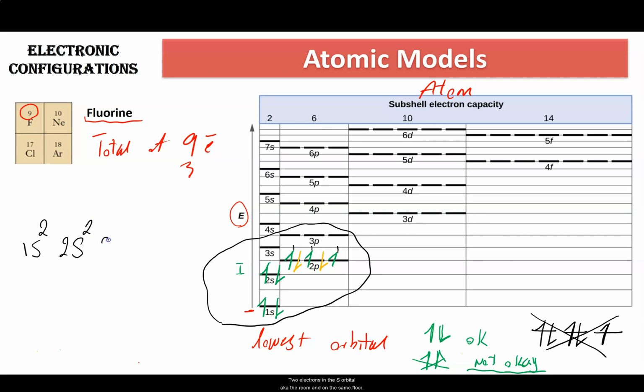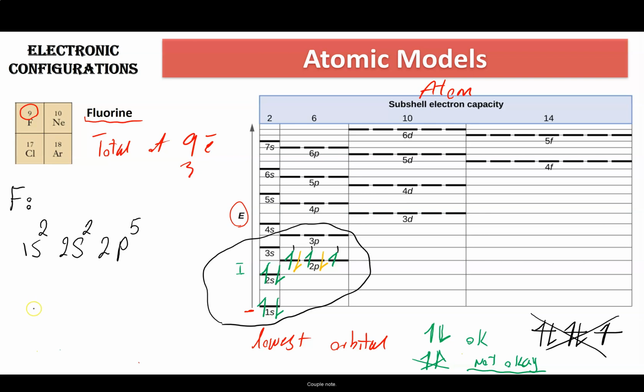And on the same floor, I have 5 electrons in the p orbital. So the electronic configuration of fluorine becomes 1s2, 2s2, 2p5. I'm going to read it back to you guys: 1s2, 2s2, 2p5. So it's very important that you'd be able to read it that way and also write it that way.